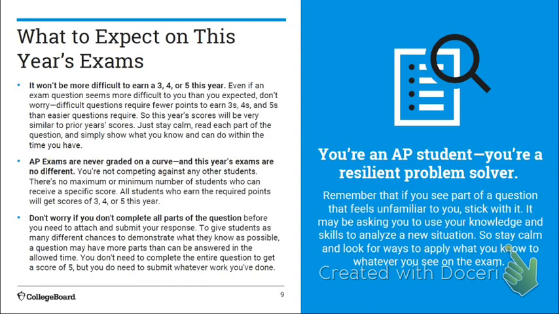And they're going to run some statistics, and what I do call a curve, I guess it's not really a curve, but they will decide after all of the exams have been scored, meaning all of the graders out there have given points awarded for all the students and all the questions. They're going to run statistics, and they are going to decide where the boundary is for 3, 4, and 5. And that is different from year to year.